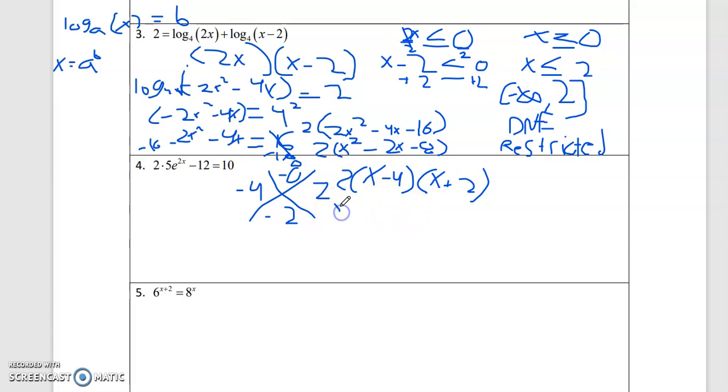Okay, so 2 equals 0, no. x minus 4 equals 0, plus 4, x equals 4.